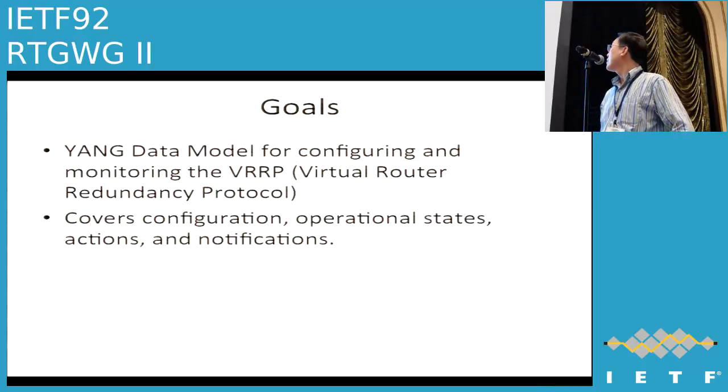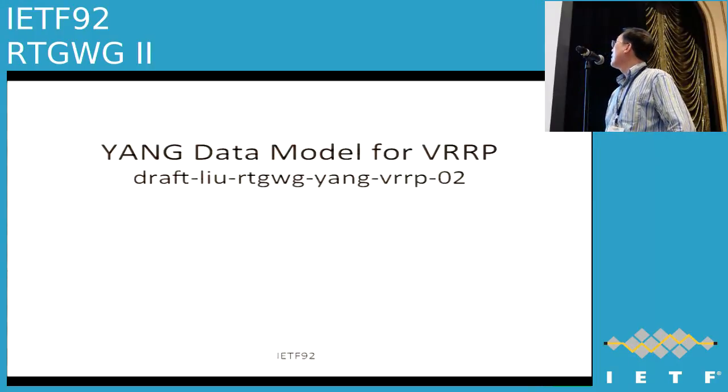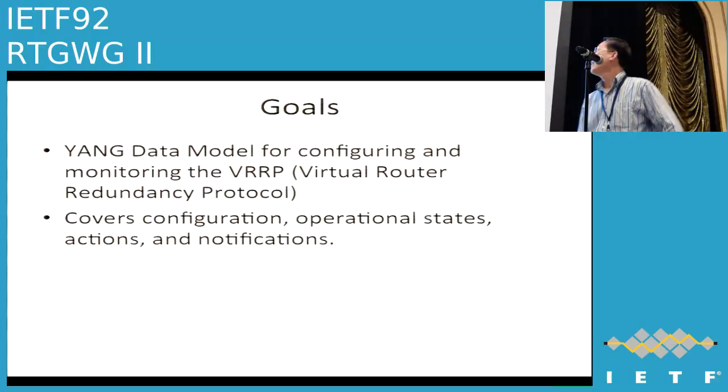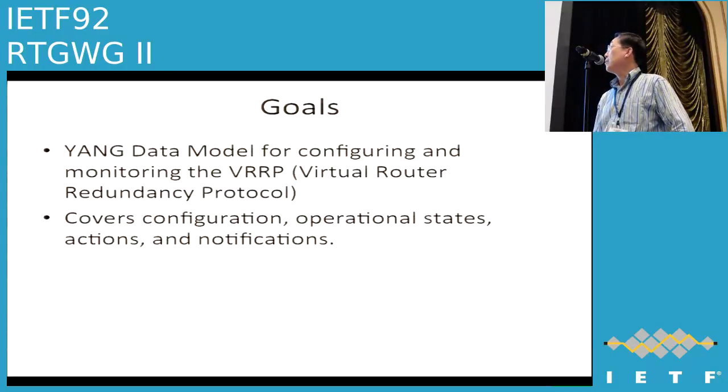So this less controversial model will provide a way to configure the VRRP protocol, and also you can get the operational status and get the statistics, and the model also defines actions, which are RPCs, and notifications. Next slide, please.